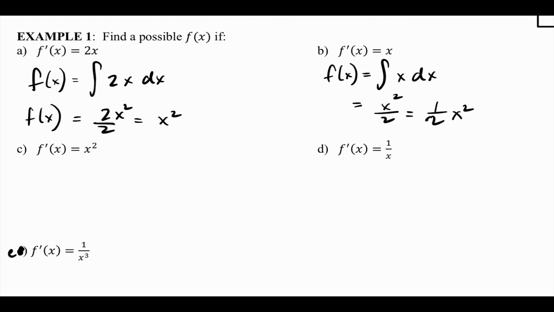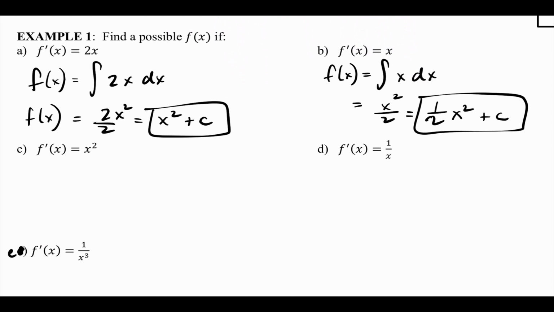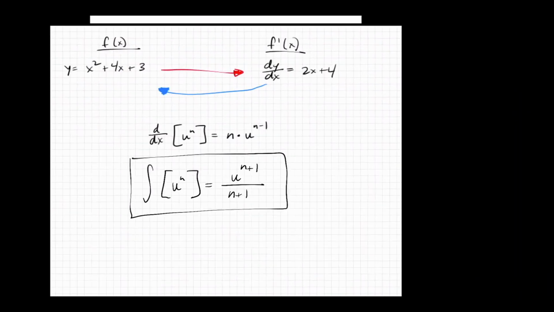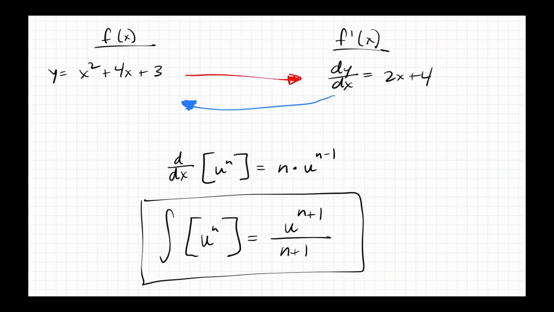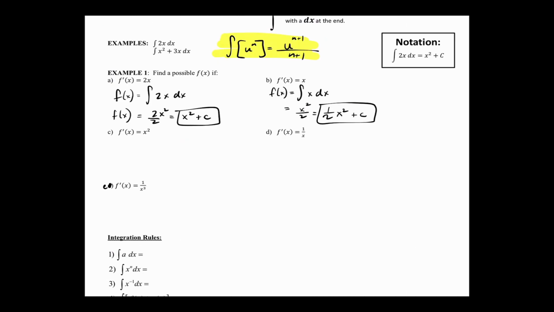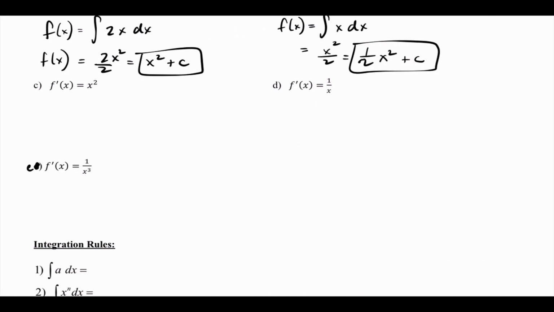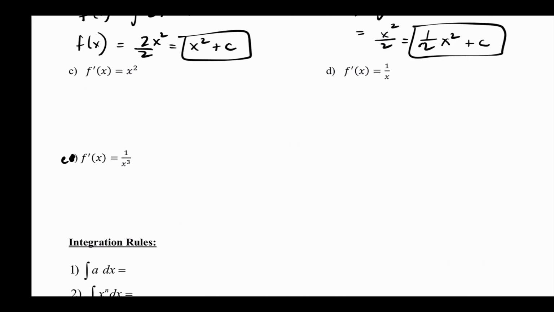So we always end with plus c. It takes into account that constant, just like we did down here. There could have been a constant, but the derivative of the constant was 0. So I don't know exactly what that constant was, but there could have been one. It could have been 0.